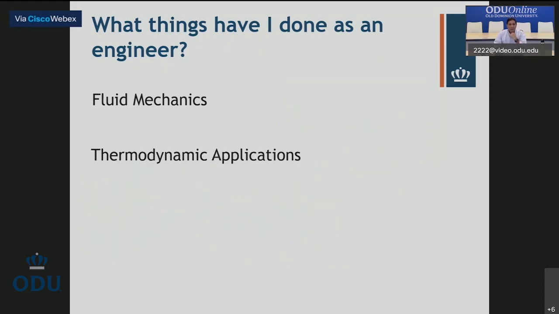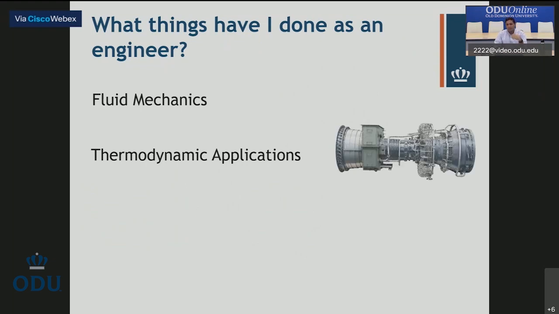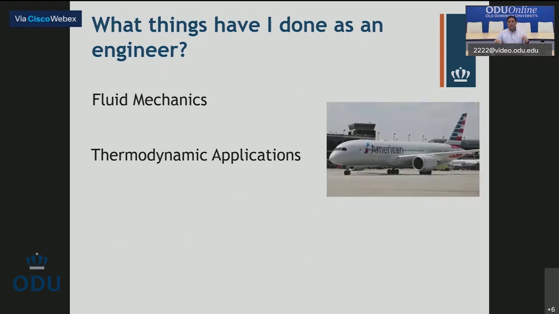Another class that I teach is thermodynamics applications, and one of the things that we study in thermodynamics applications is this little piece of equipment. It might not look familiar to you, but you've seen it, even though you don't know. But you haven't seen it the way it looks in the picture, because you've seen it hidden in this part of an airplane.